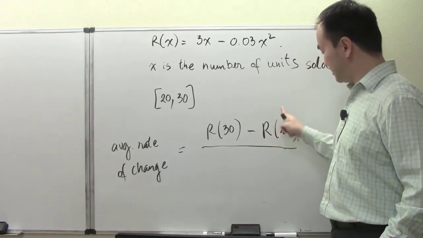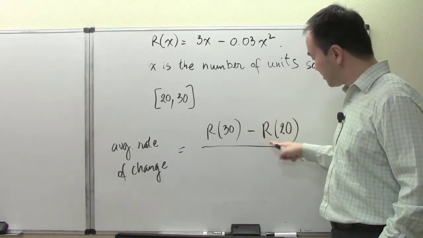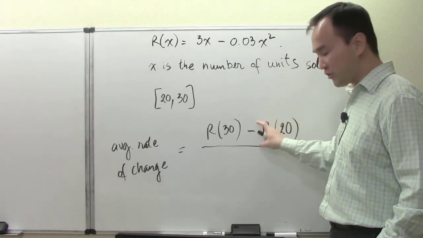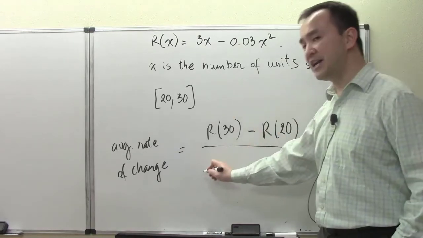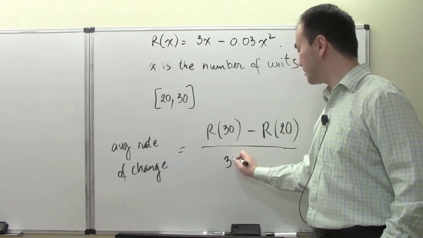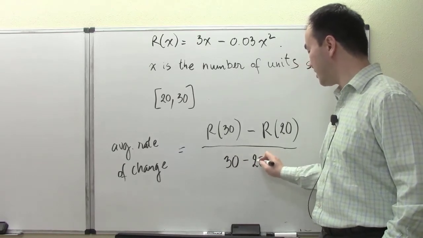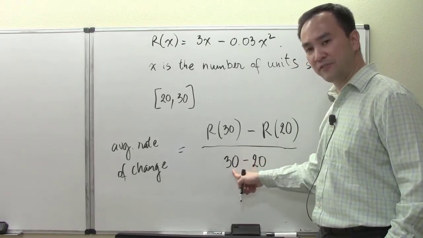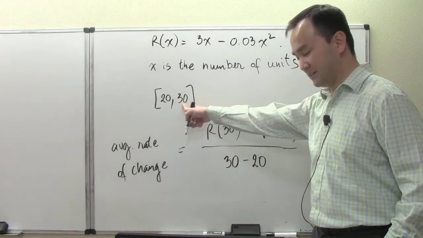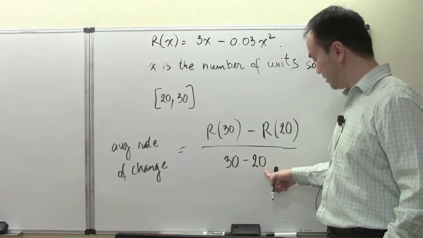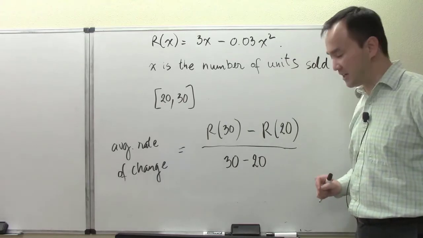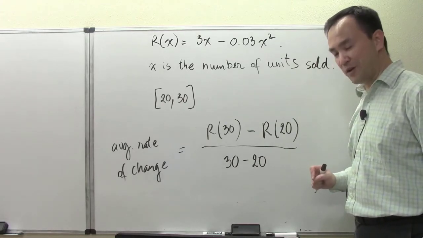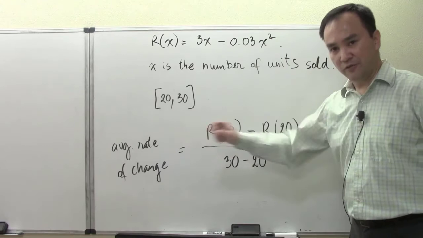In strict math terms, this is the initial function output value, and of course that difference is divided by 30 minus 20, the final point of our interval subtract the initial point of our interval, and that is famously the formula for calculating the average rate of change.